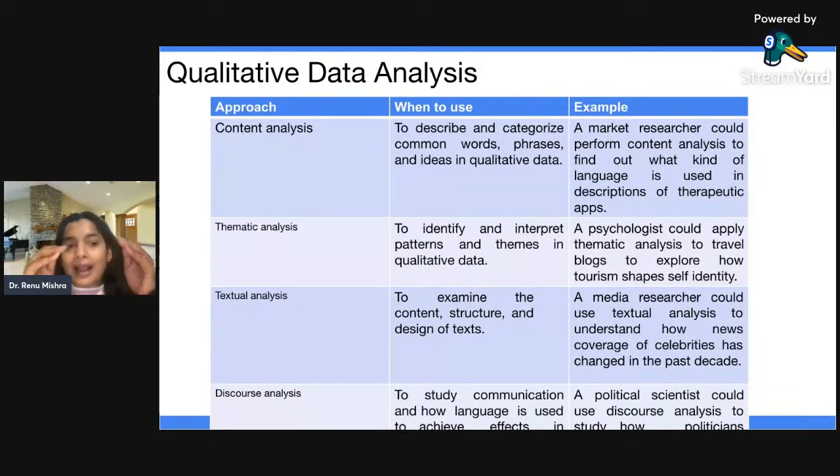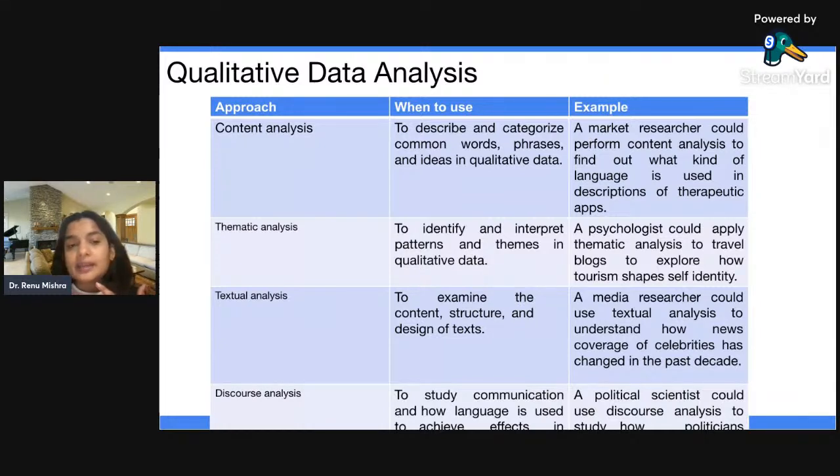You need to identify these themes. So this financial understanding has one theme, that is saving, investment. Identifying these themes comes under thematic analysis. When you talk about textual analysis, you're talking about different content, structure, any kind of design.